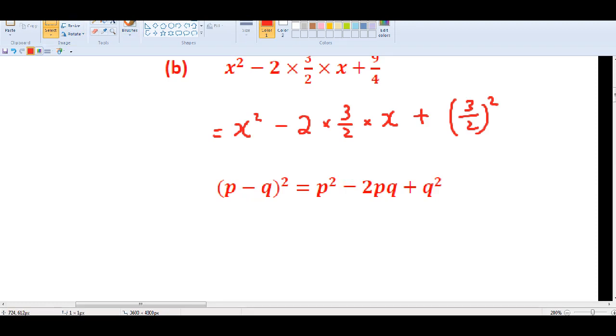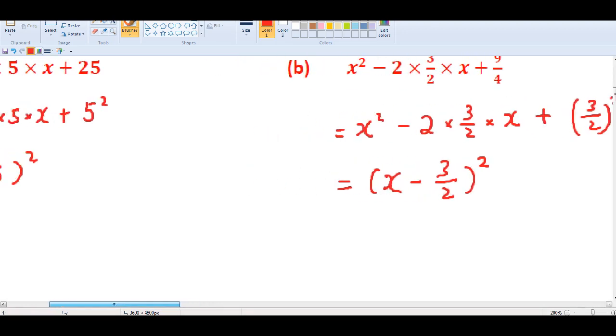So p is x, you've got 2 times p, which is x, in the middle term, and q is 3 over 2. The last term, 9 over 4, is 3 over 2 squared, so that's q squared. You basically match the right-hand side. That means these three terms we can always factorize into this form.